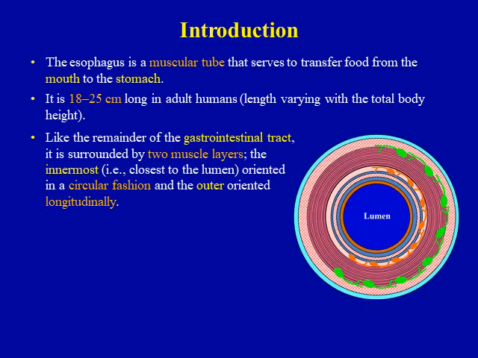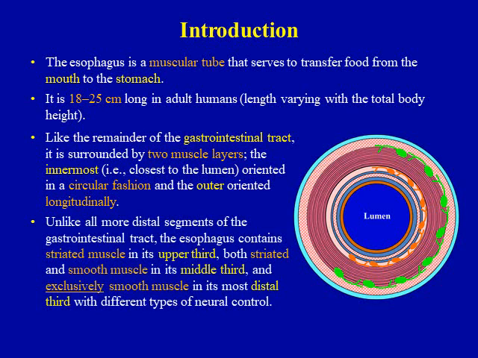Like other parts of the alimentary canal, the wall contains the third layer, which is the muscularis externa, and the muscularis externa is composed of two muscle layers that have different arrangements. The innermost layer is circularly arranged, and we call it the circular layer, and the outermost layer is longitudinally arranged, and we call it the longitudinal muscle layer.